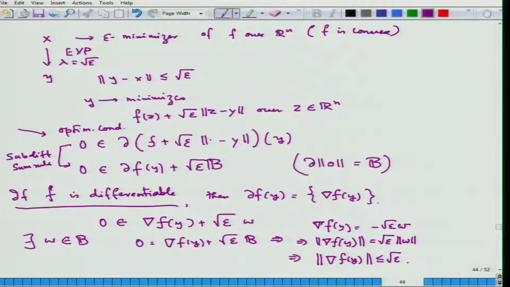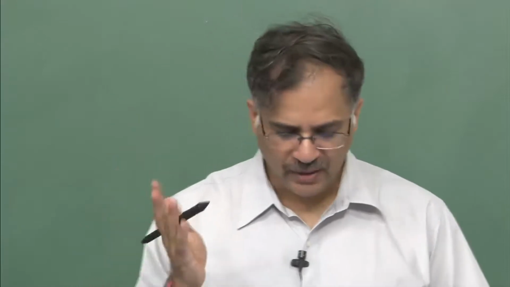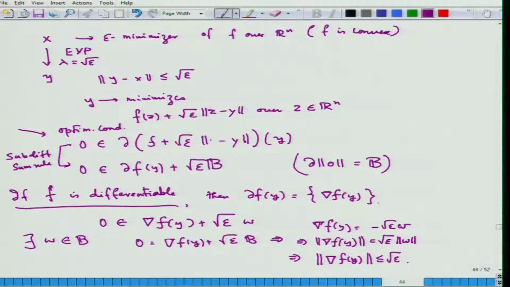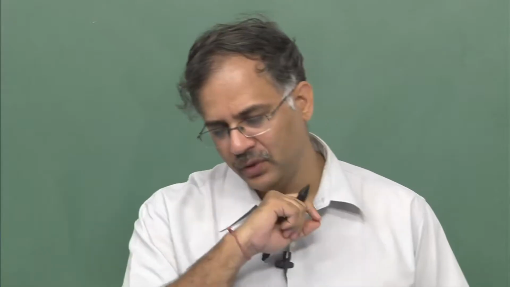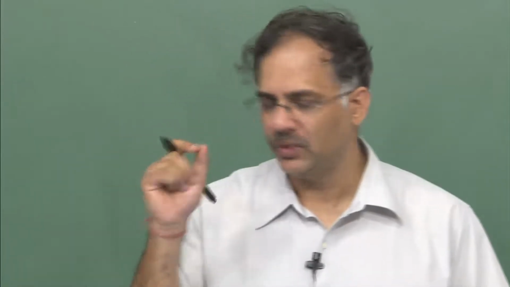Epsilon is arbitrarily small. So, there is a very important thing here, it says a lot about algorithms. See, when we are trying to minimize a differentiable convex function, we are essentially trying to find a point y such that grad of f of y equals 0.